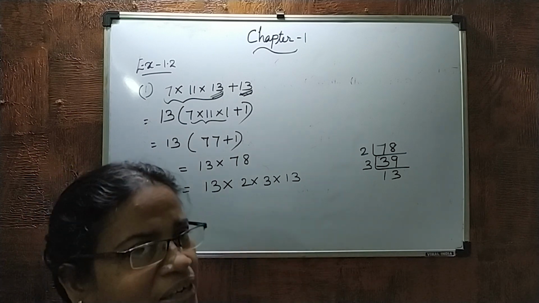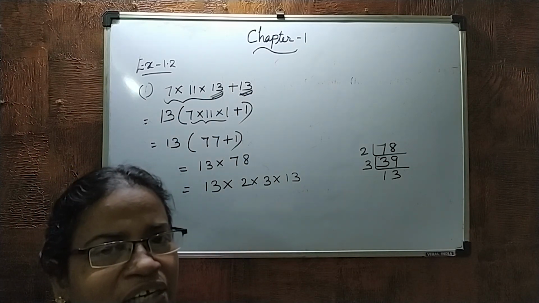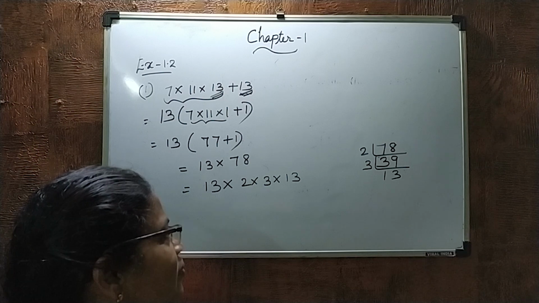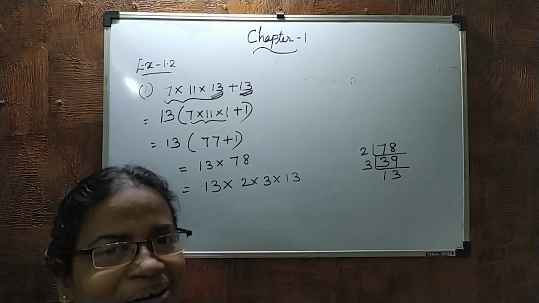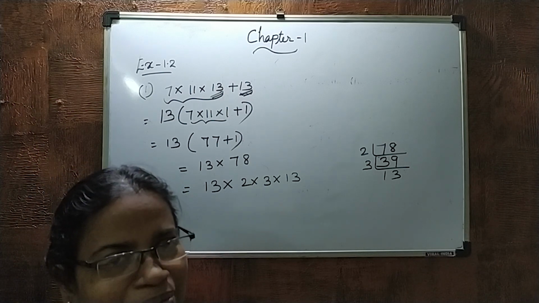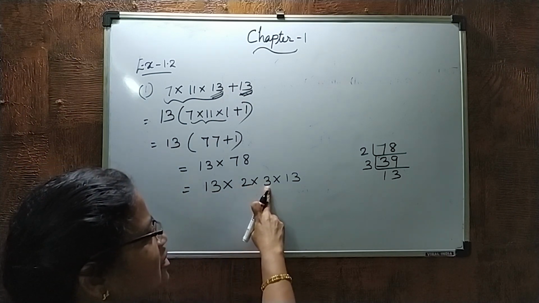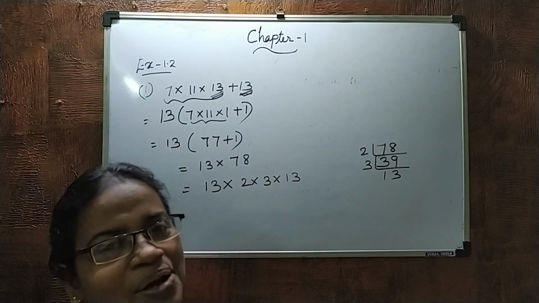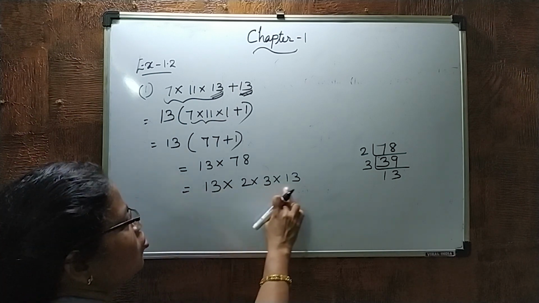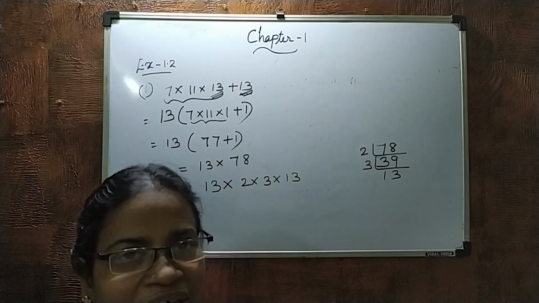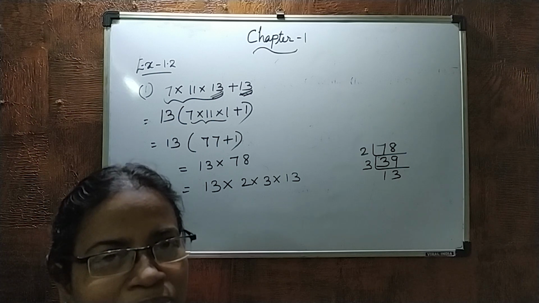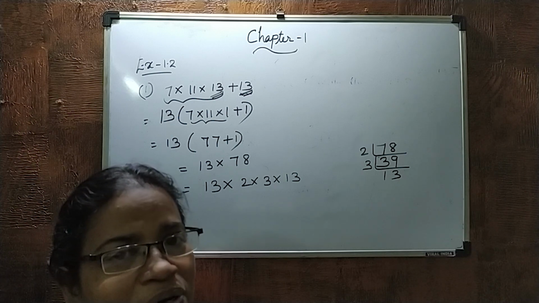Just look at the answer now. Can you find out anything? It is the product of prime numbers. That means 13 is a prime number, 2 is a prime number, 3 is a prime number and 13 is again a prime number. And product means multiplication. What is a product of prime numbers? It is a composite number.